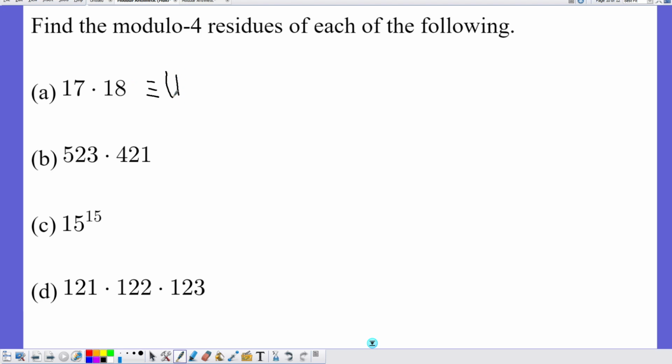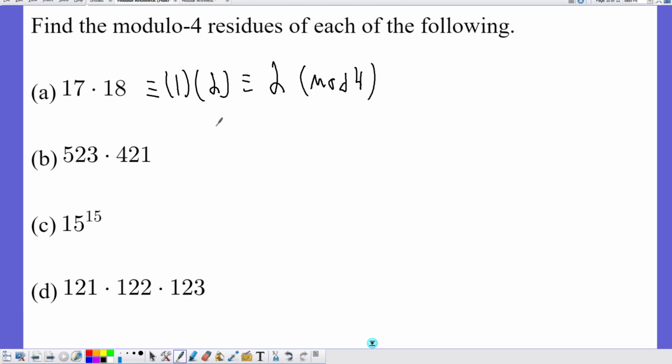So 17 becomes 1. 18, therefore, since it's 1 plus 17, is going to have a remainder of 2, which is congruent to 1 times 2 is 2 mod 4. So our answer is that the modulo 4 residue of 17 times 18 is 2 mod 4.